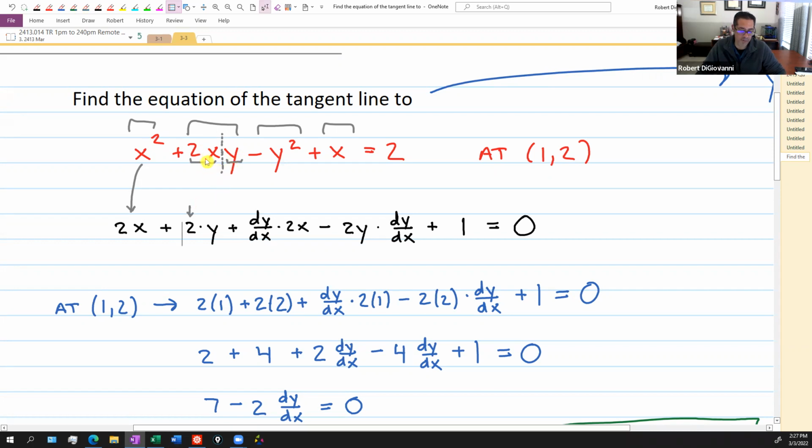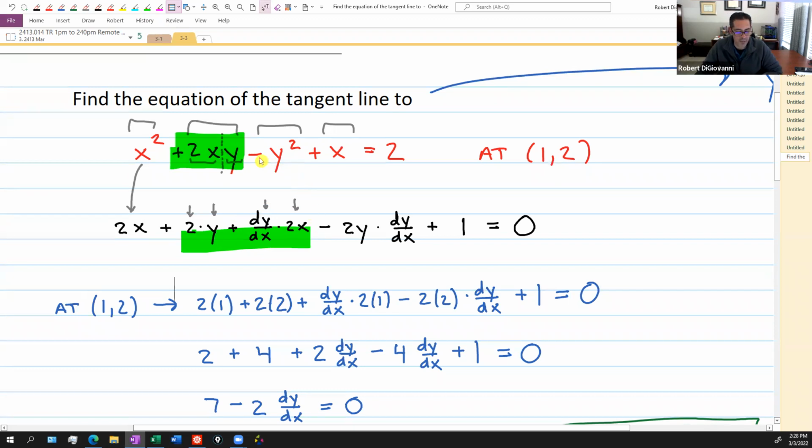So that's the derivative of the first function times the second, plus, by the product rule, the derivative of the second function. The derivative of y with respect to x is dy/dx, times the first function, 2x. Everything with the gray arrows is me doing the product rule.